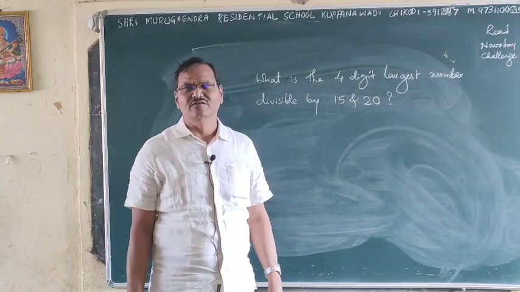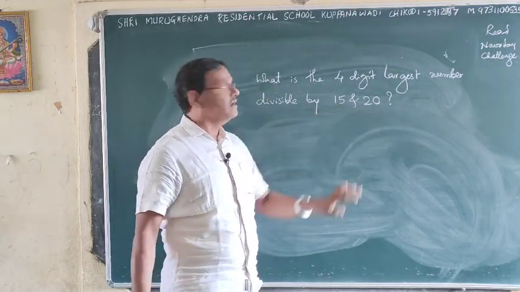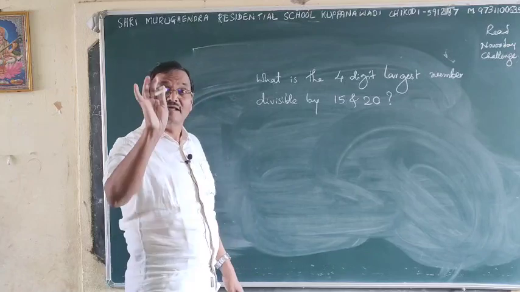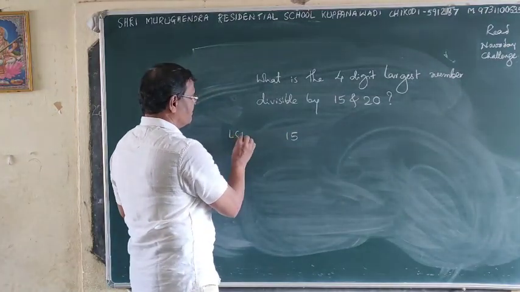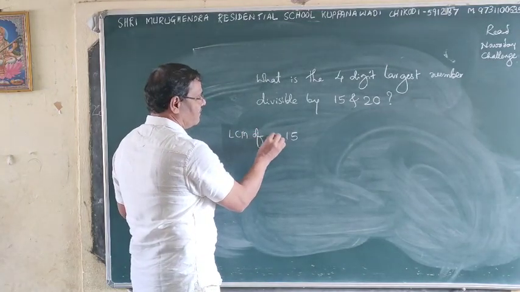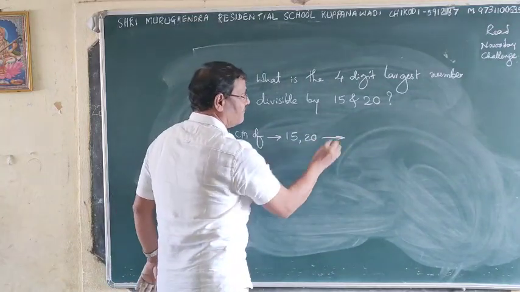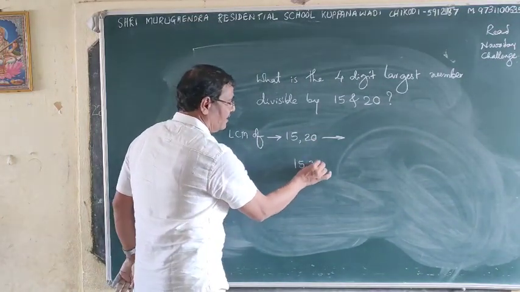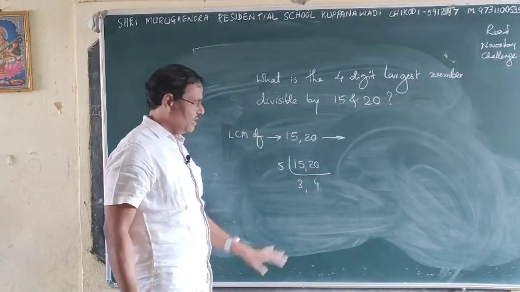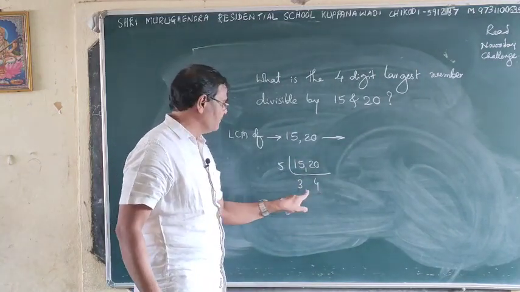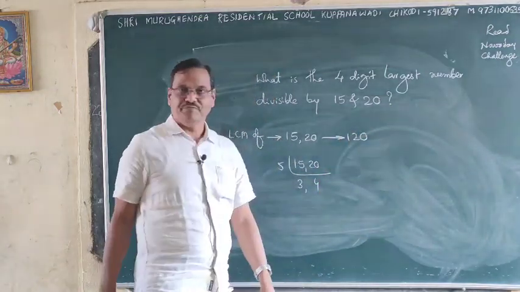What is their confusion? You have to find the LCM for these 15 and 20. See, LCM of 15 and 20 I am taking. 15 and 20's LCM is 5 3's, 5 4's, co-prime, 3 4's 12, 12 5's 120 is the LCM.